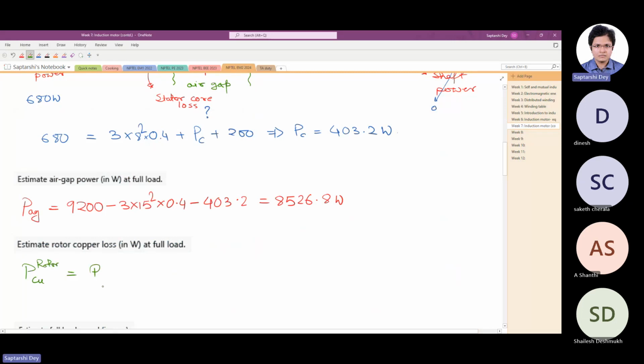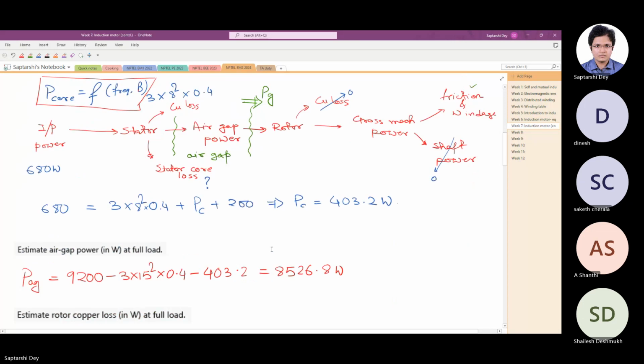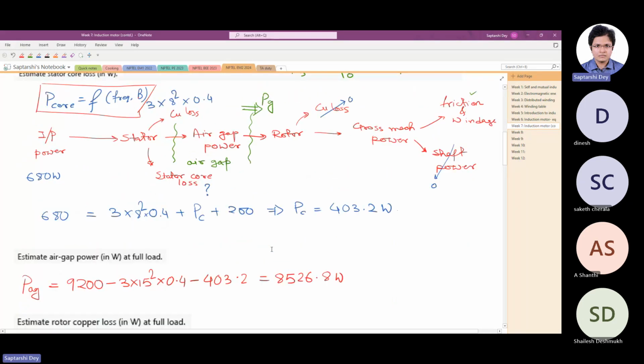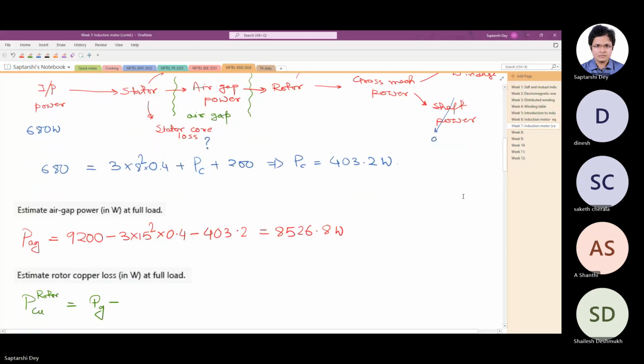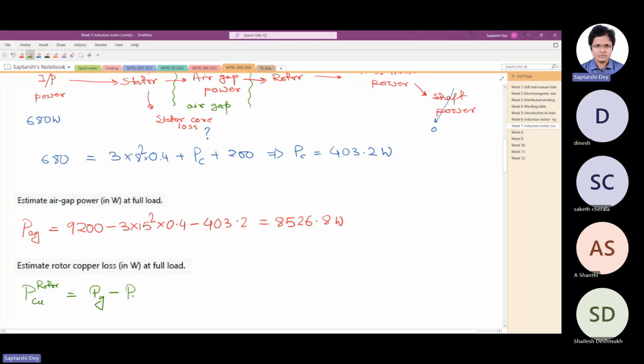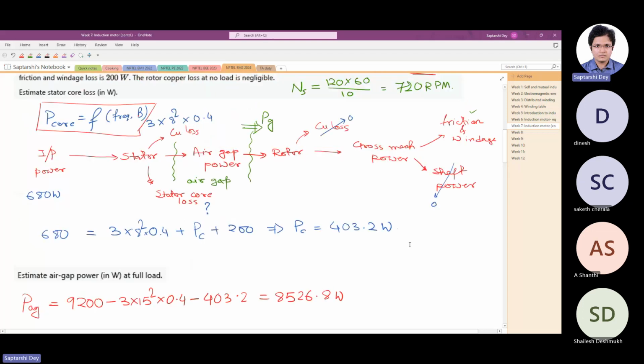is the air gap power minus, rotor core loss is neglected throughout, no mention of it, minus friction minus shaft power. So the gap power we found out is 8526, minus output power, which is 8 kilowatt at full load, and friction loss is 200 watt.